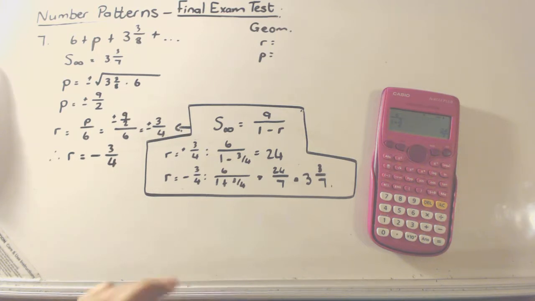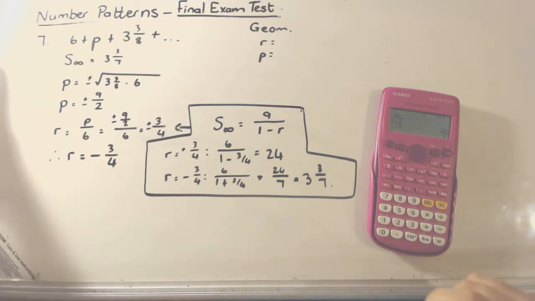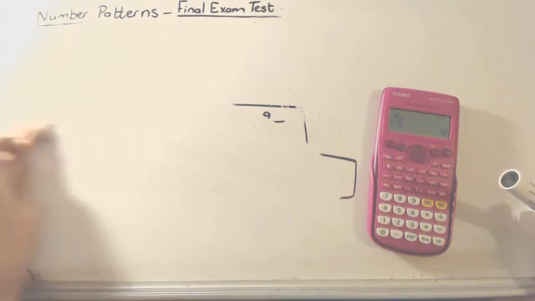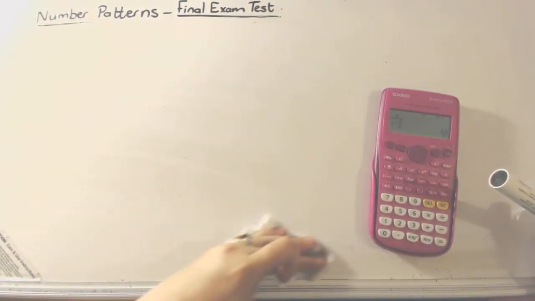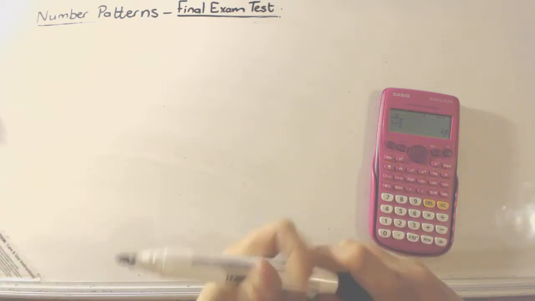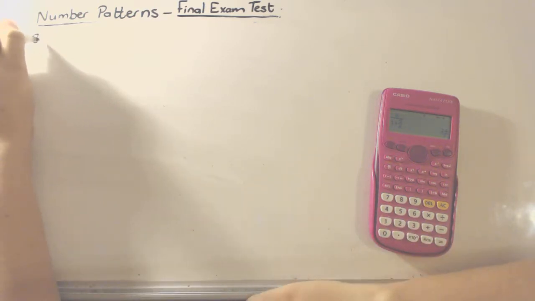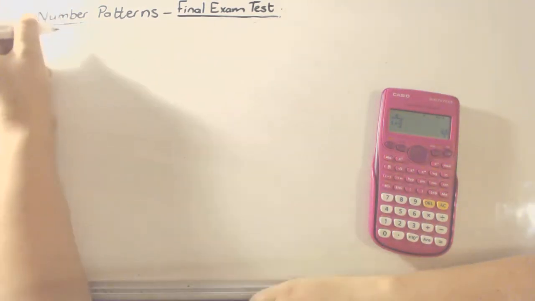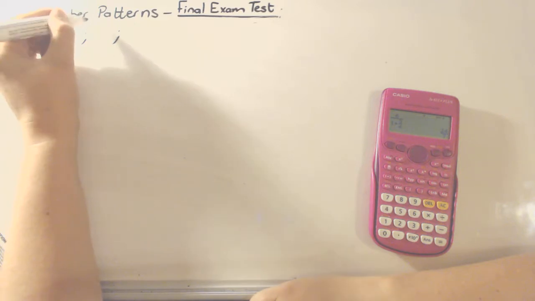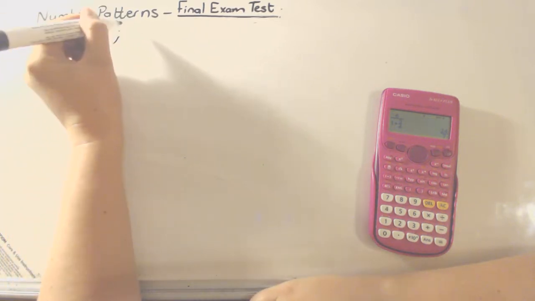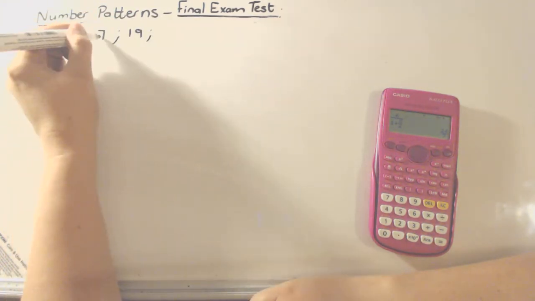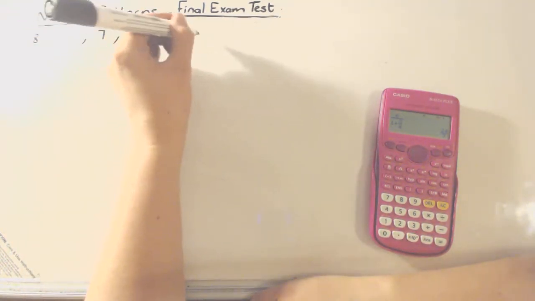Then question 8. There's 9 questions, so we're almost done with this. Question 8 says a quadratic pattern has a second term of 7, a third term of 19, term 1, term 2, 3, 4, 5.